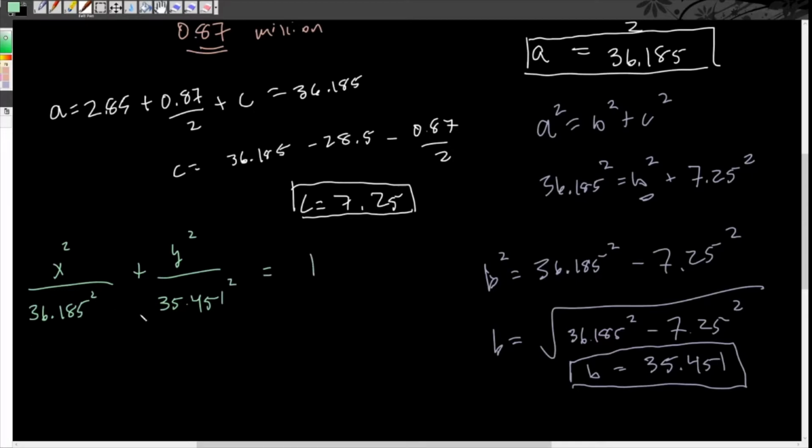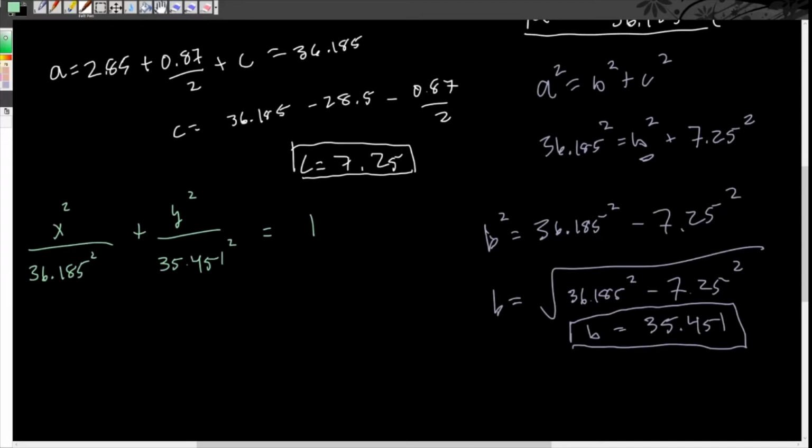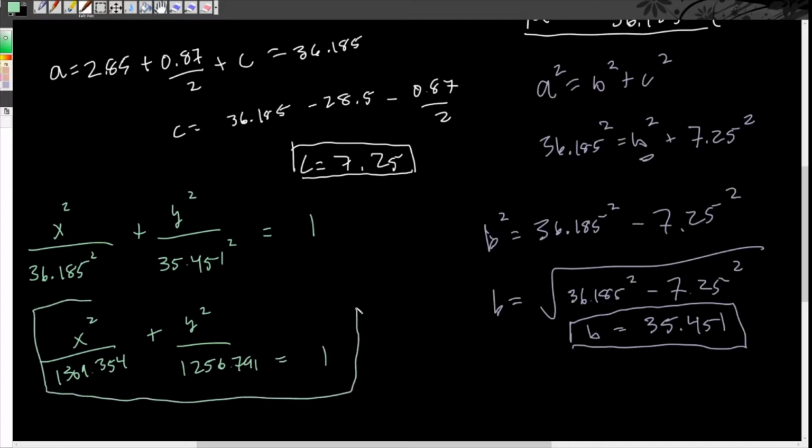We can square those, but I'm just going to leave it there. It's not a big deal. I guess I might as well, because I have it on my note sheet. This is x squared over 1309.354 plus y squared divided by 1256.791 equals 1.